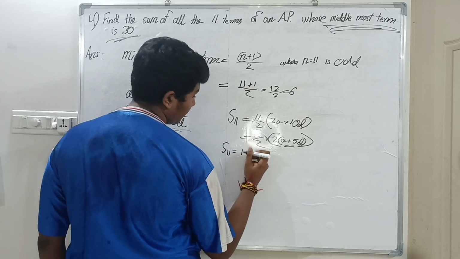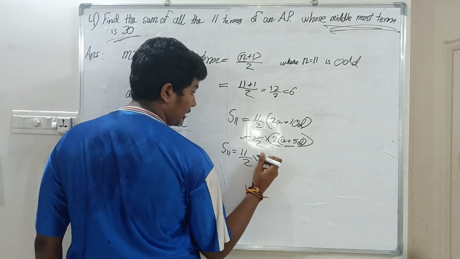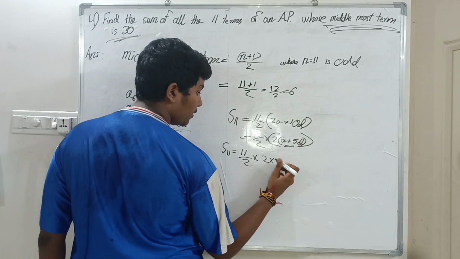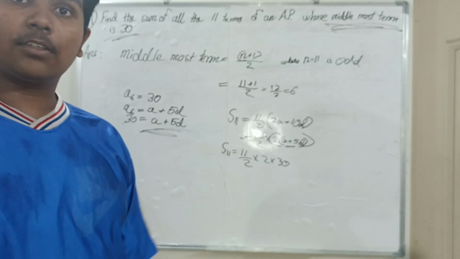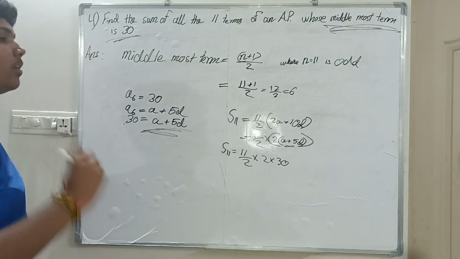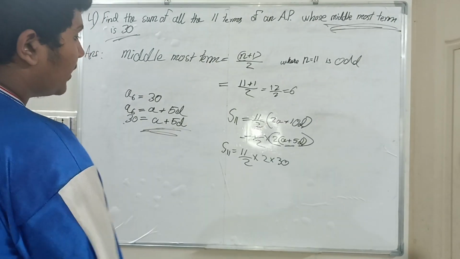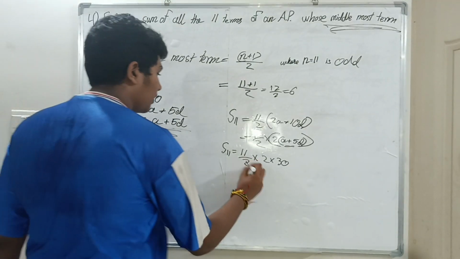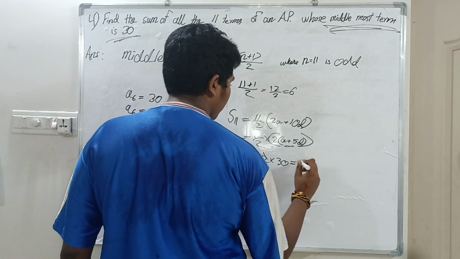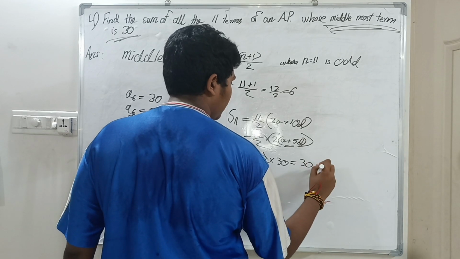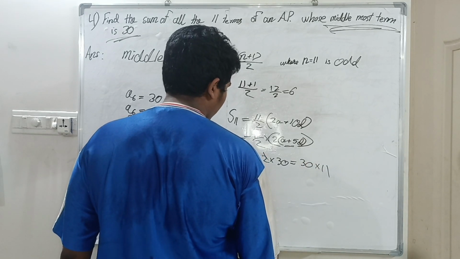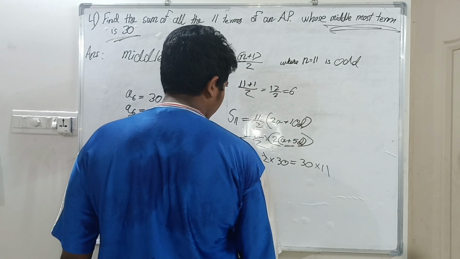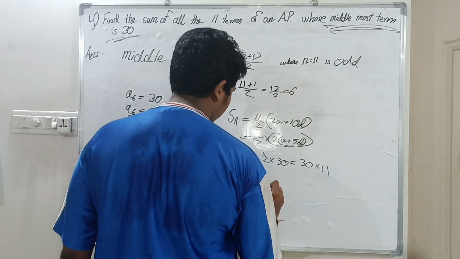How? S11 is equal to 11 by 2 into 2 into 30. We can put this 30 here. And what do we get? 11 into 30, right? Cut these two. You get 30 into 11, which would be how much? 330.